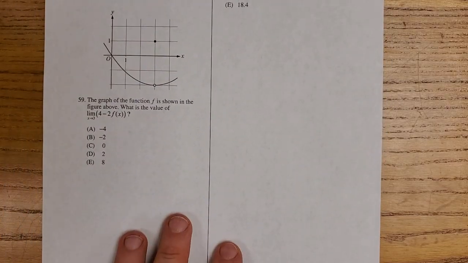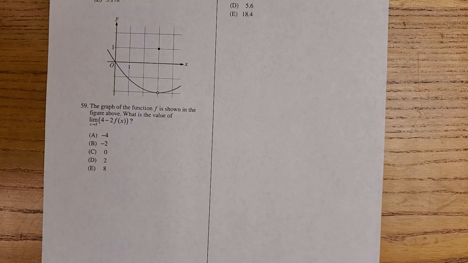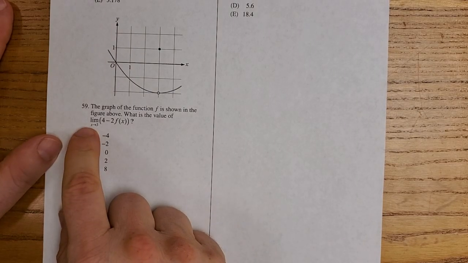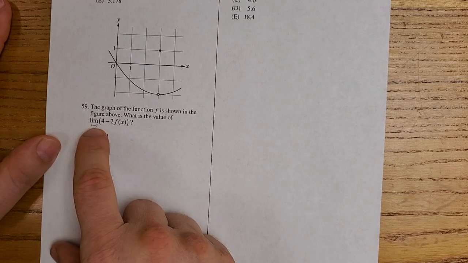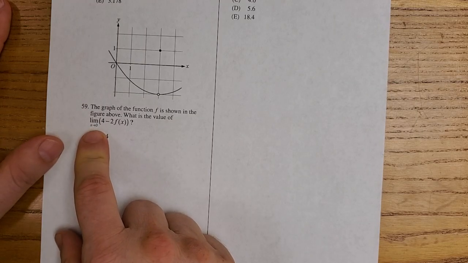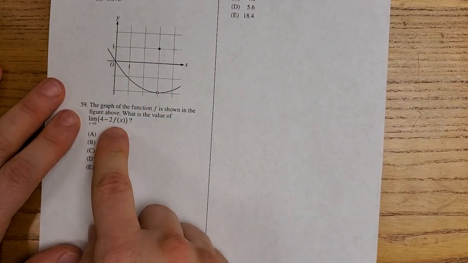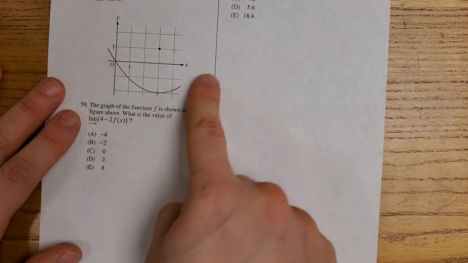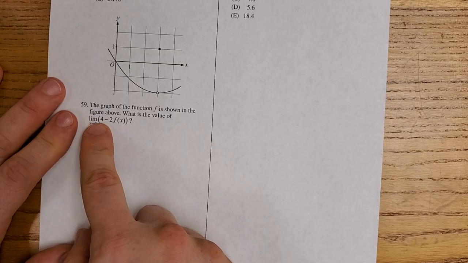All right, moving on then to number 59. The graph of some function f is shown in the figure above. What is the value of the limit as x approaches 3 for not the function as drawn, but the function times 2 and then subtracted from 4?